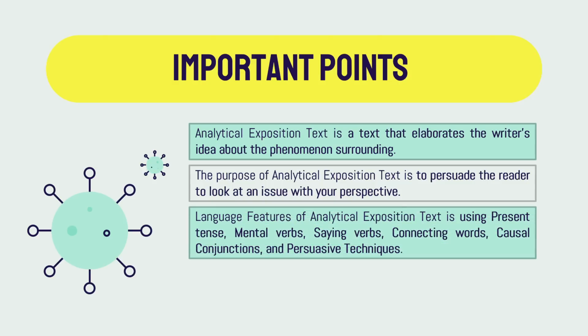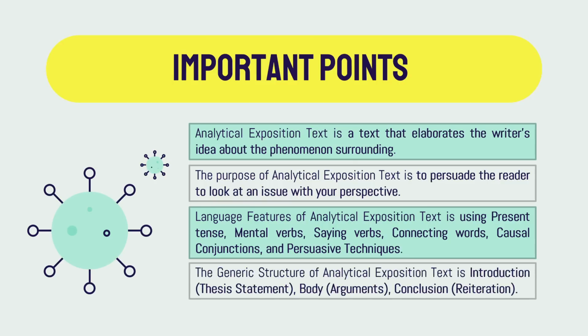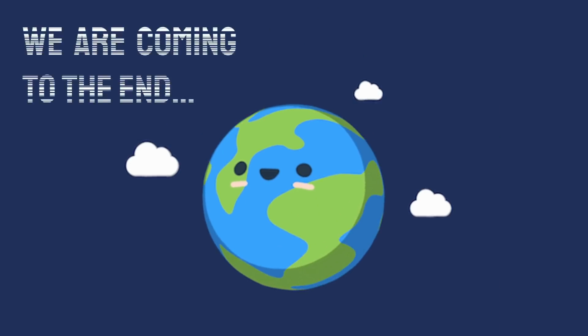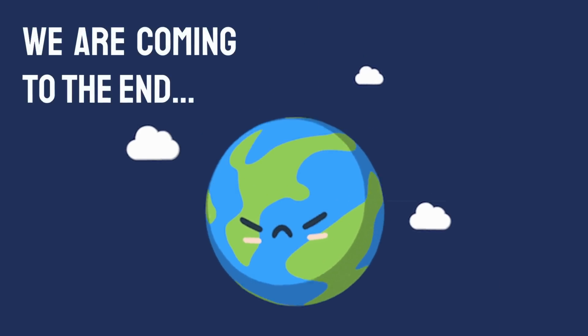Language features of analytical exposition text are using present tense, mental verbs, saying verbs, connecting words, causal conjunction, and persuasive techniques. And the last, the generic structure of analytical exposition text is introduction or thesis statement, body or arguments, and conclusion or reiteration.